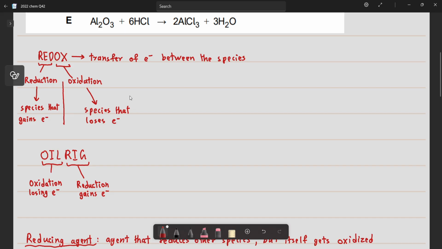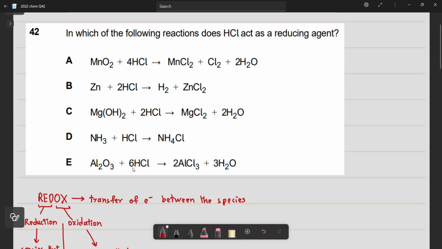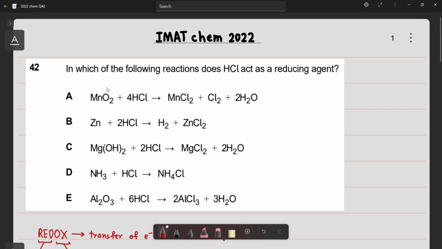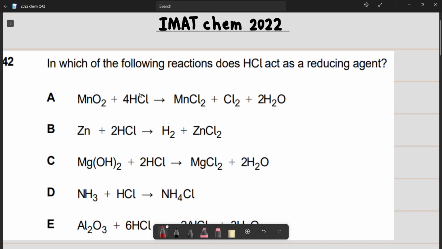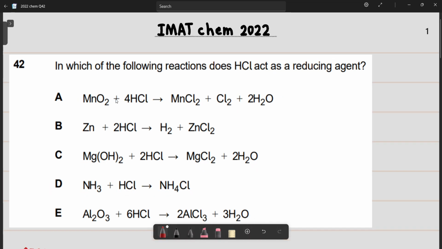Now that we know the most important definitions, we can go through each of these options. First of all, we'll go for option A. It says manganese oxide plus hydrochloric acid, or you can say hydrogen chloride, gives manganese chloride plus a chlorine molecule plus water.